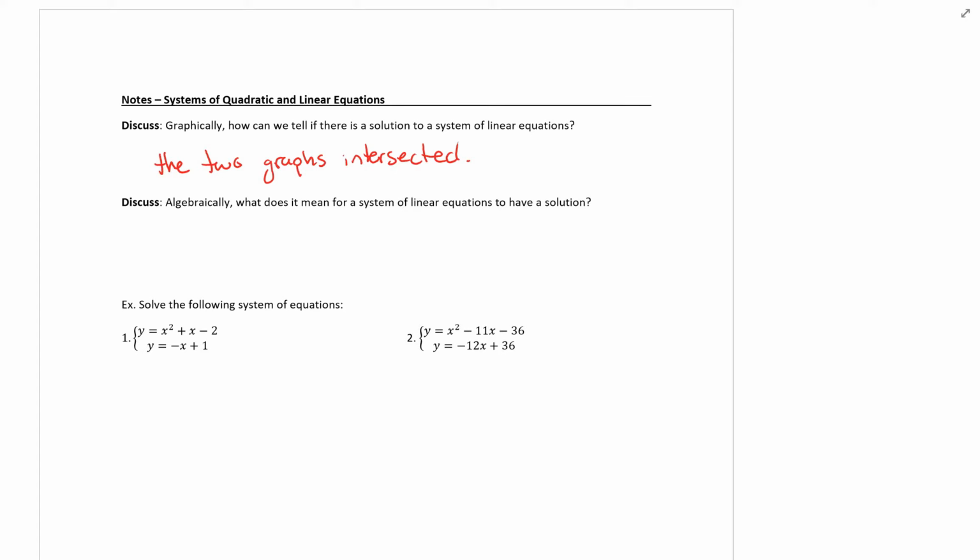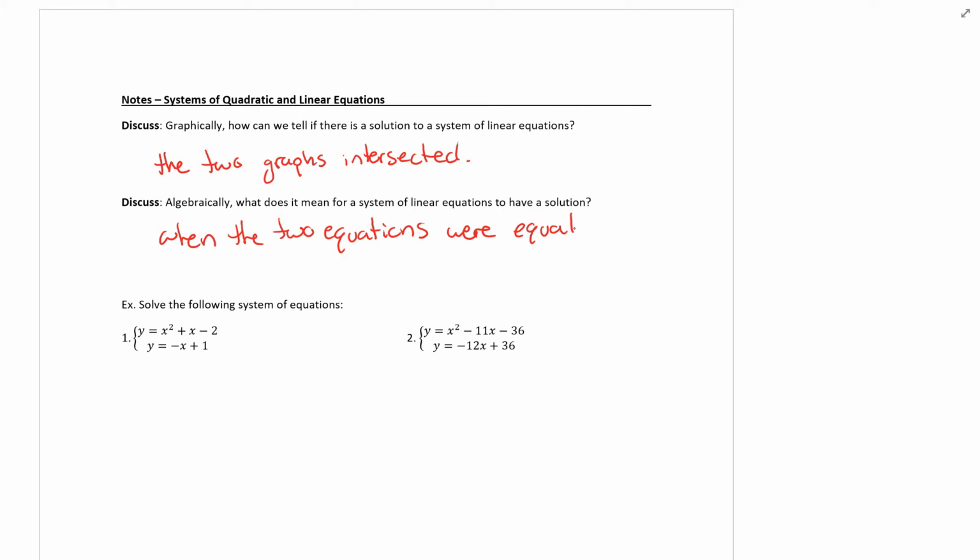If you don't remember, it's when the two equations were equal, because at that point they have the same x and the same y value. So if we set them equal algebraically and solve that equation, that means we have our intersection point, the x and the y value. That's going to be the big foundation for this lesson.